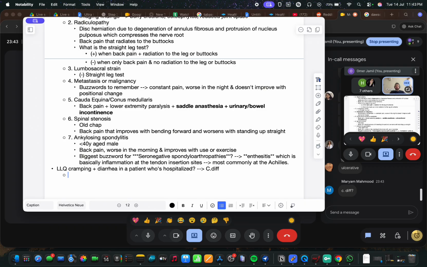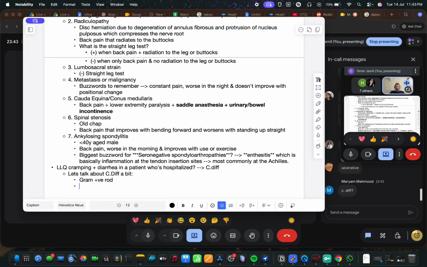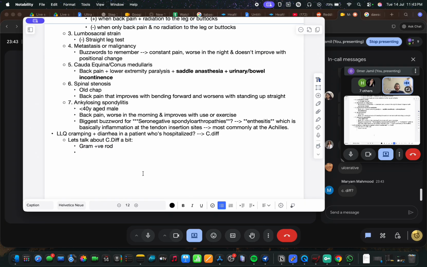Okay. Let's talk about C. diff a bit. So C. diff is basically a gram-positive rod, spore formers, anaerobic. Then its toxins.